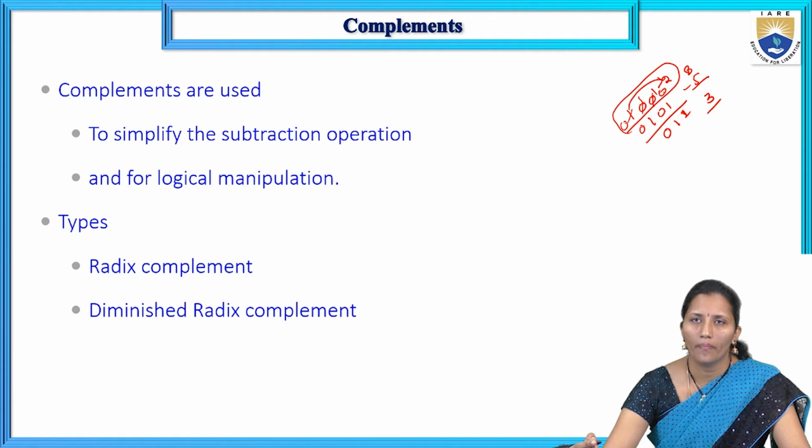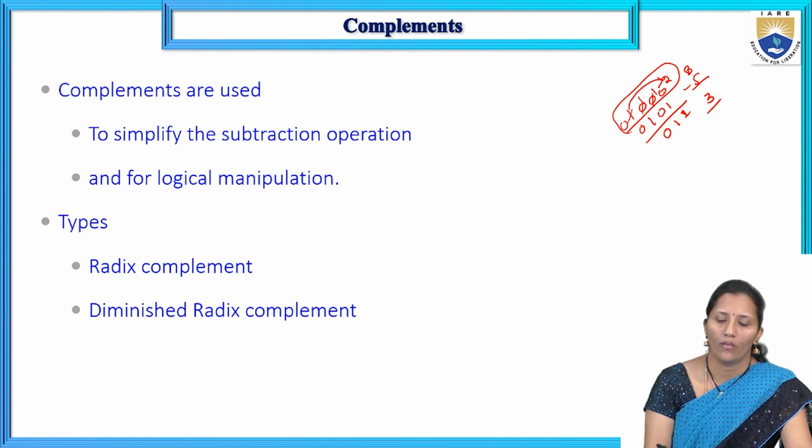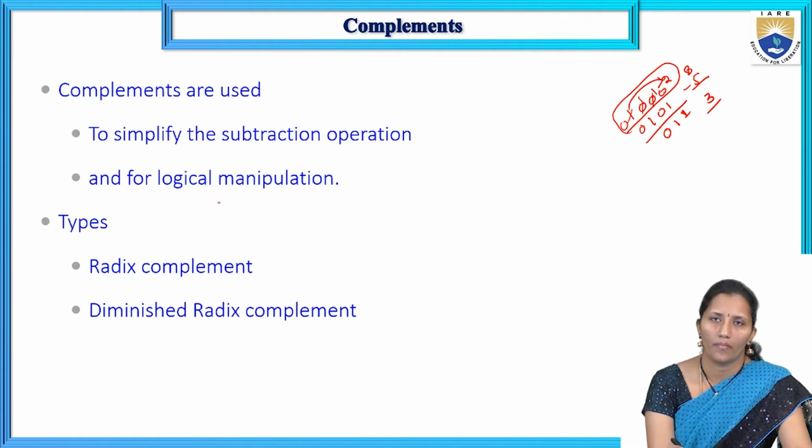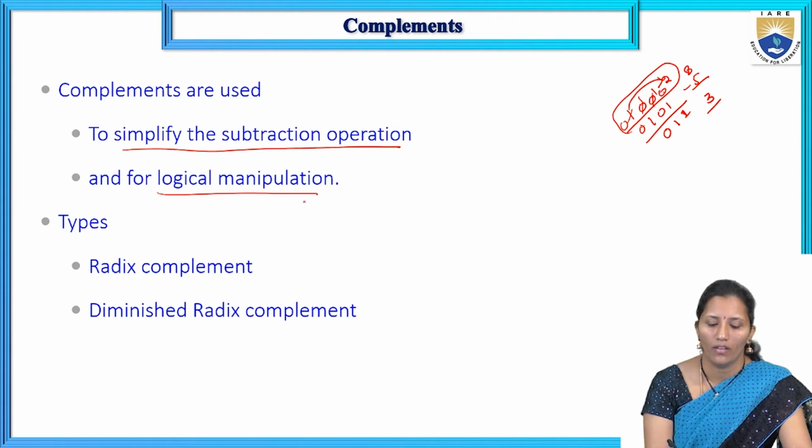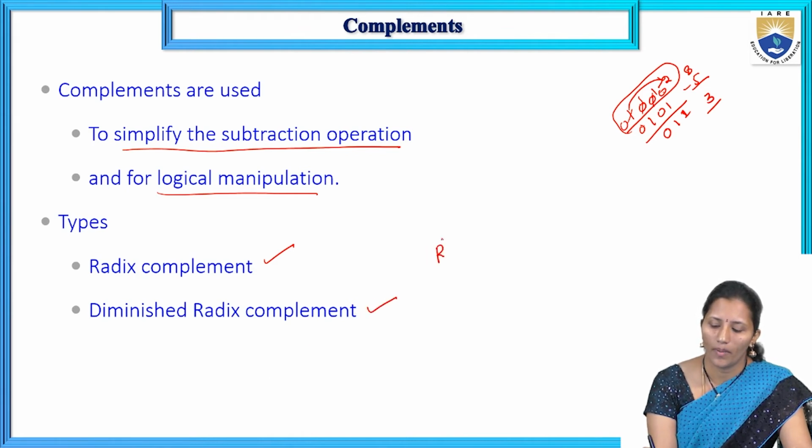By taking borrow, it looks complicated. To simplify this subtraction, we are going for complements. Complements are used to simplify the subtraction operation and for logical manipulation. Here we have the radix complement and the diminished radix complement. We have the r's complement.